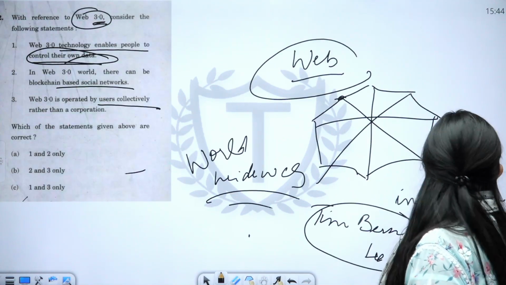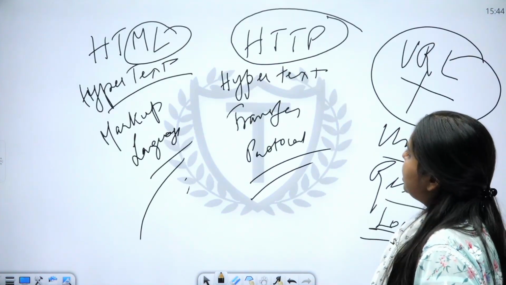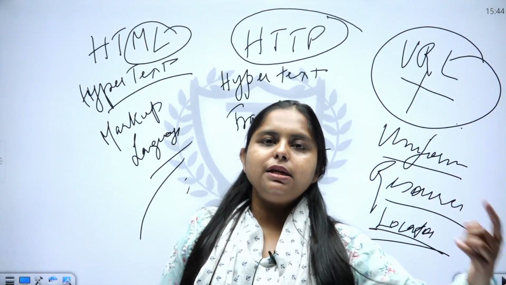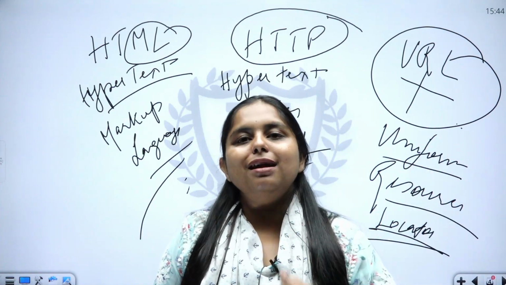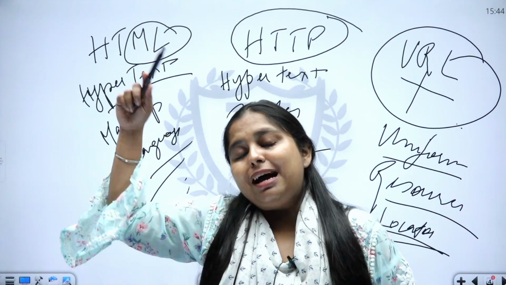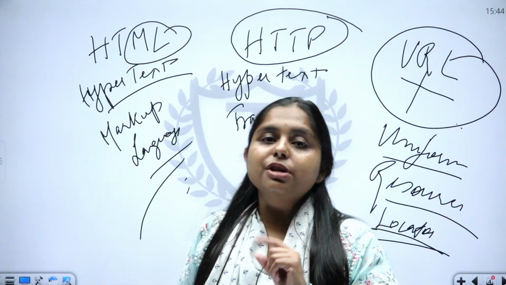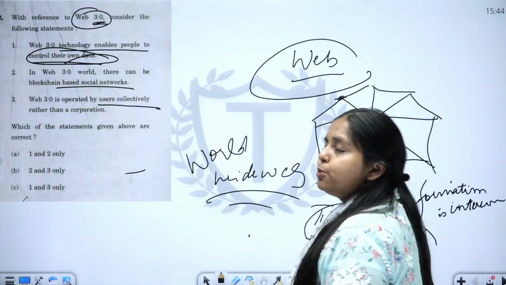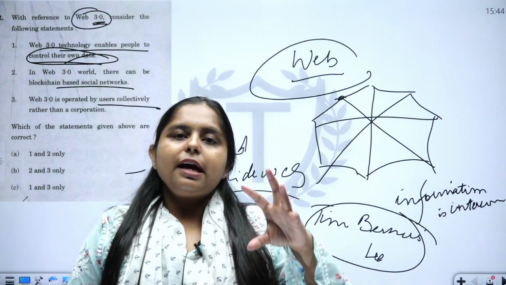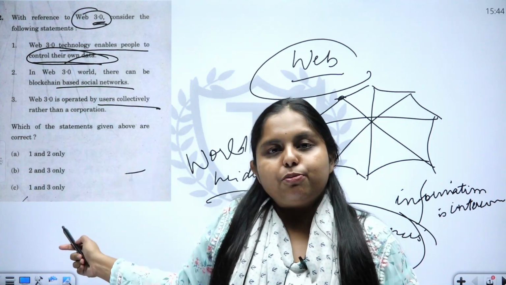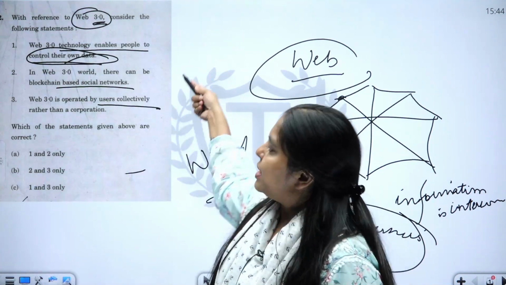Semantics, which means there will be a conversation between me and the internet where the internet can understand my language. So this is the kind of massive revolution that Web 3.0 wants to bring in, and that is why, as UPSC has given in its syllabus, it wants you to have an awareness about Web 3.0. And thus this question has come.